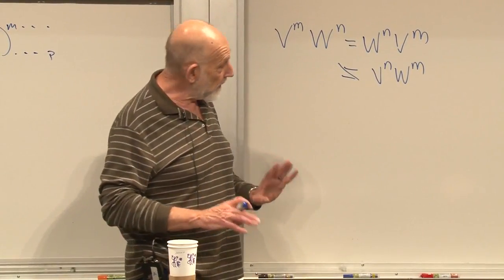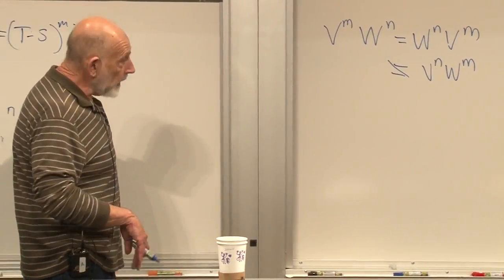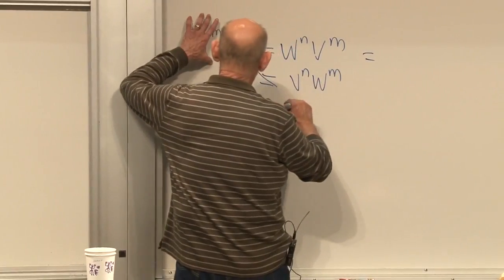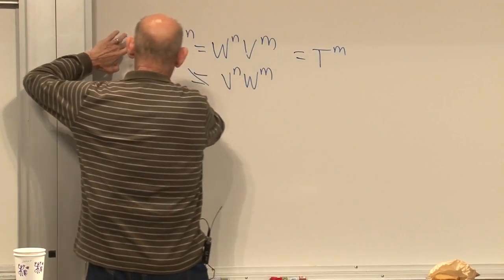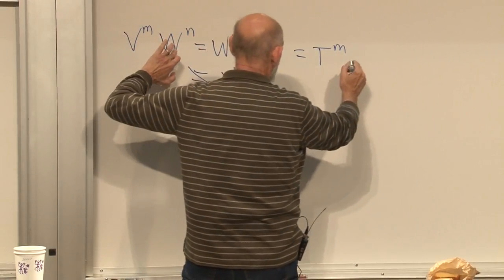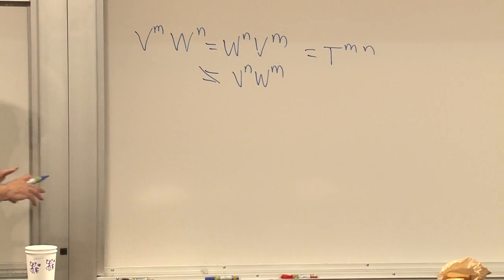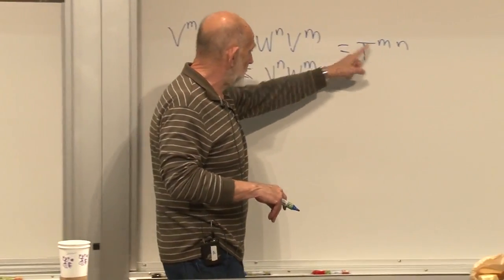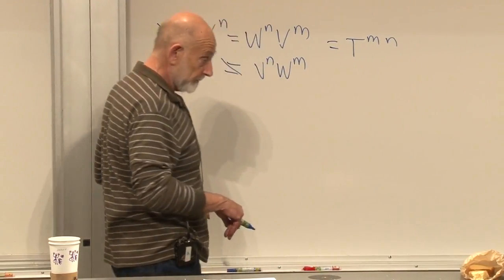Components are numerical values. On the other hand, when you write this as a tensor, you must remember that the first index refers to the v, and the second index refers to the w. You must remember your convention that the first index was associated with v, and the second index was associated with w.